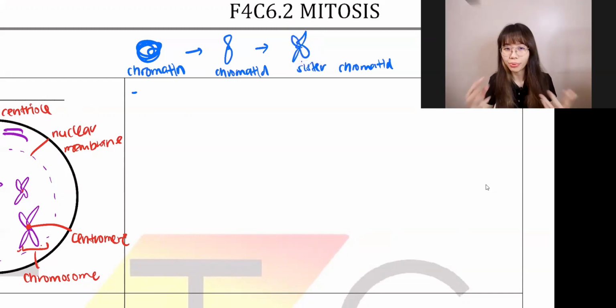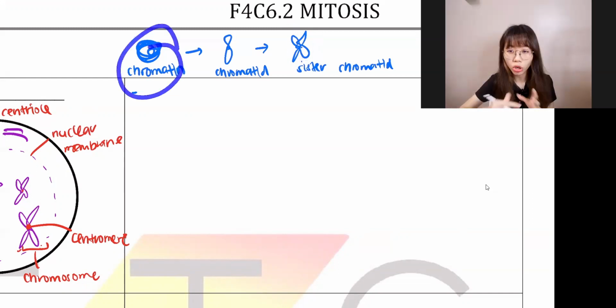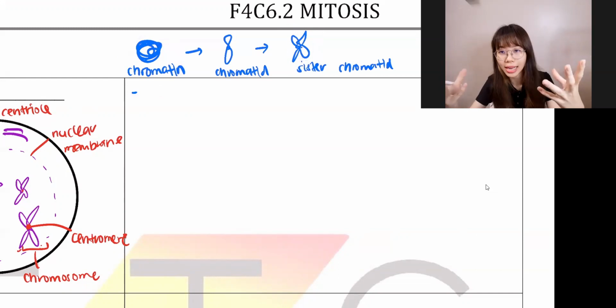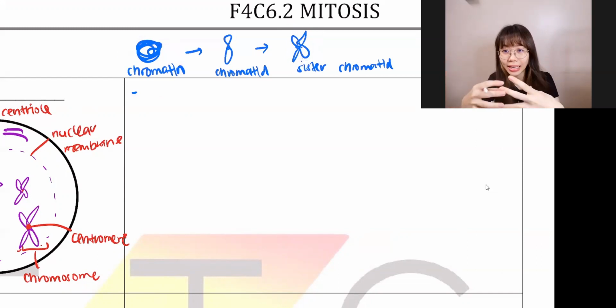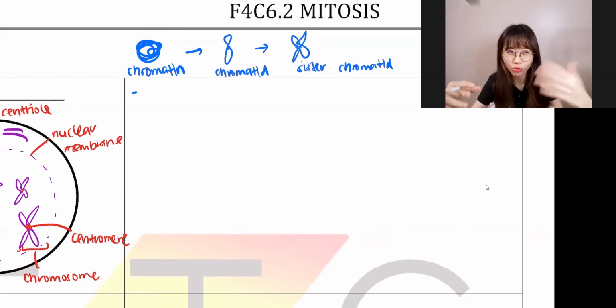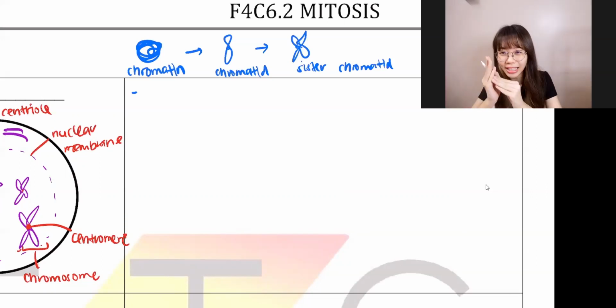Because at prophase they will start to become more visible. In order to become more visible, the chromatin will condense. What is the meaning of condense? Condense means that they join together. They are shorter and thicker. Just imagine a person who is short and fat. Maybe it's not good to use this example, but imagine a person who is short and fat and a person who is long and thin like a paper.